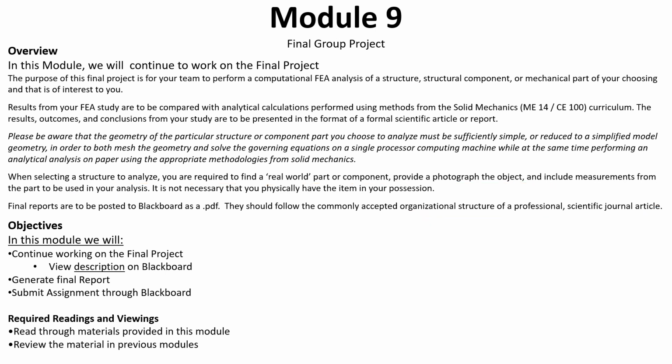Taking a look at our objectives for module number 9, again, you're going to continue working on that final project. Go back to Blackboard for a more detailed description of this final project. You're going to be generating your final report, and make sure you follow the right format for that, similar to the structure of a professional scientific journal article. Then you'll be submitting this assignment, the same as your previous assignments, through Blackboard.